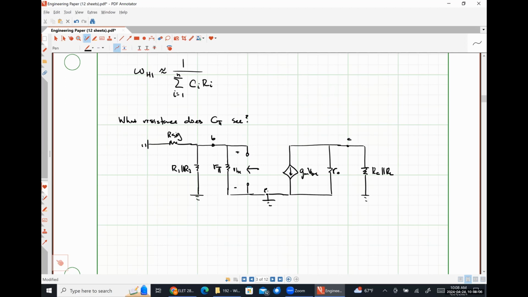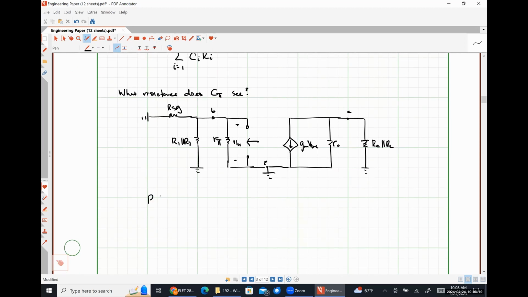I think R sig is in parallel with all of those others because it's between the base node and ground. So it's just R thev. Right? So RC pi is R sig in parallel with R1, in parallel with R2, in parallel with R pi. Pretty straightforward there, right?